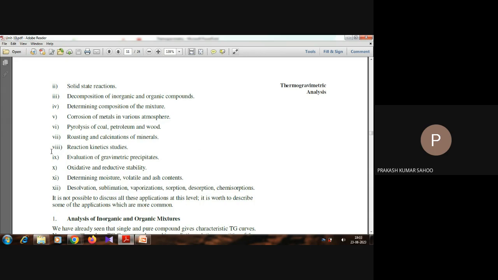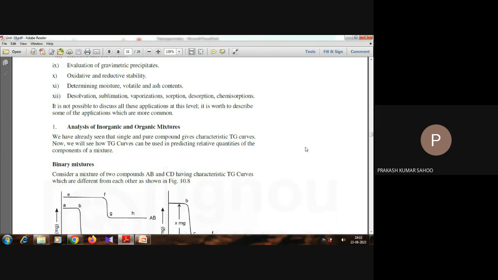So all these things can be well understood by using TGA of any compound.